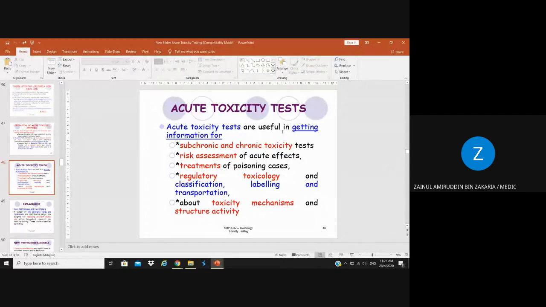Okay, so this is the benefit of using acute toxicity test.